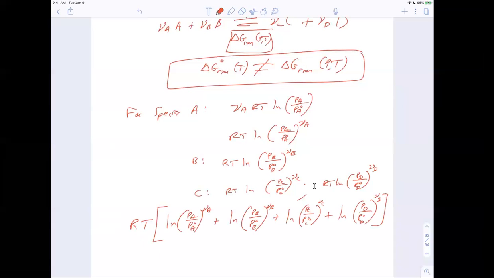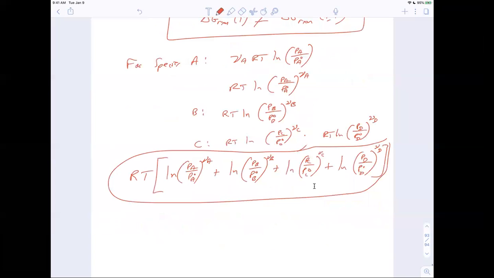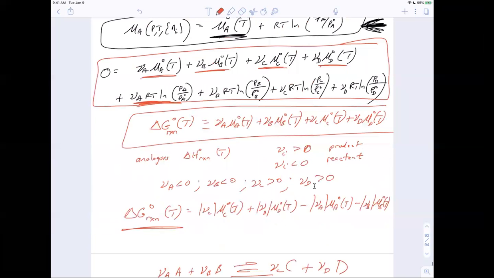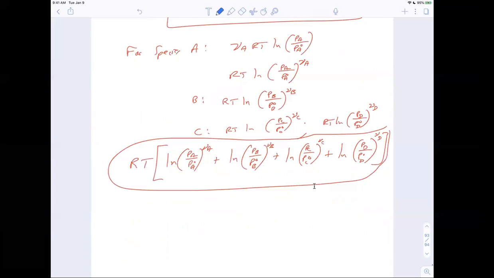And so this is just an equivalent way of writing the last four terms here: this, this, this, and this. That summation can be rewritten equivalently as this.